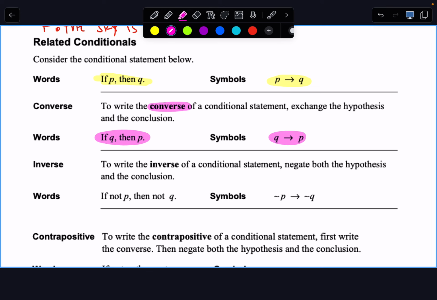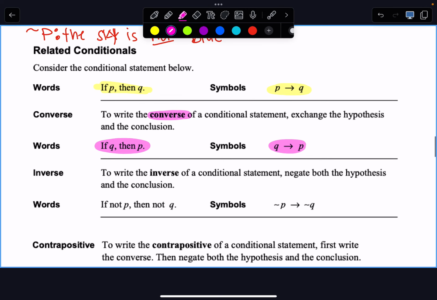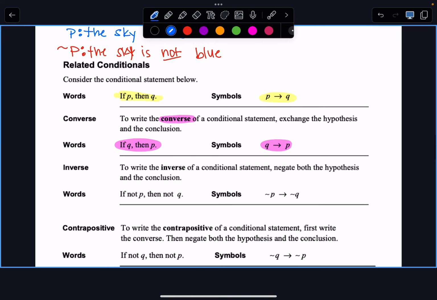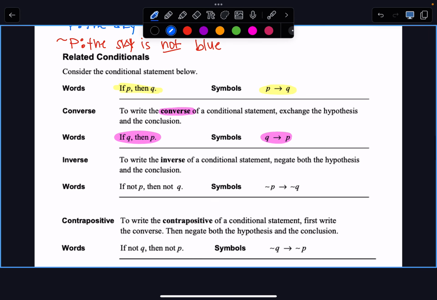Okay. So let's do this. I'm going to write right here, where it says conditional statement, I'm going to write a sentence. If the measure of angle A is 15 degrees, then angle A is acute.